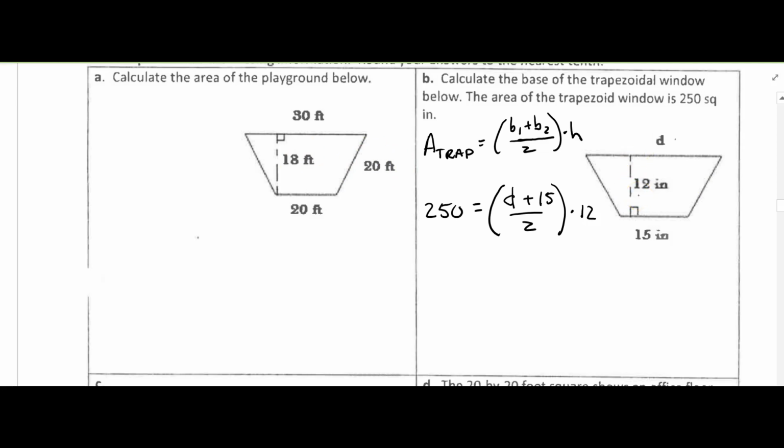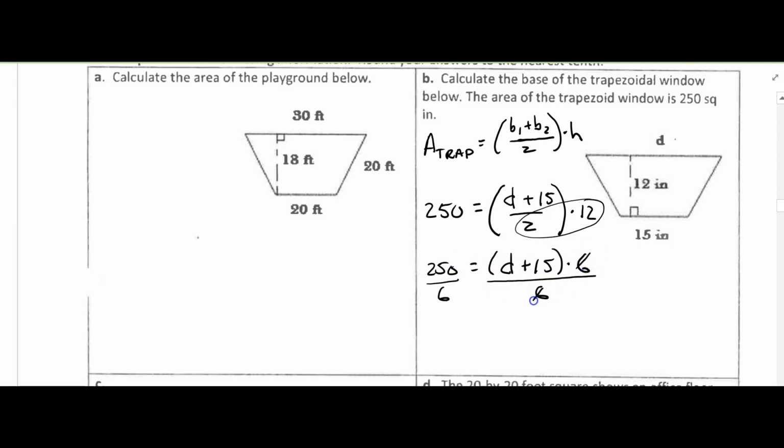Alright, so let's go ahead and start solving this for D. So this 12 and this 2, those are going to reduce. So I have 250 is equal to D plus 15 times 6. All right, and then I could distribute this and work it out that way, but I'm just going to divide both sides by 6.